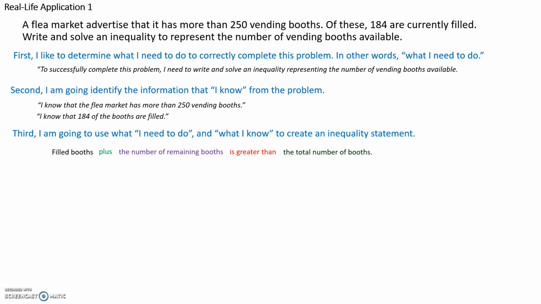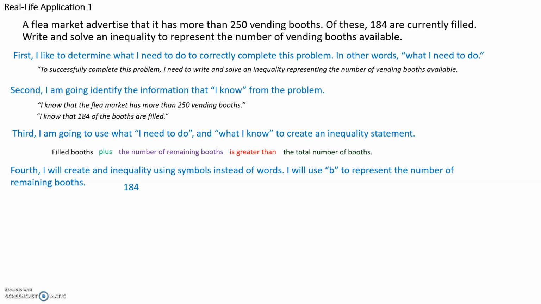I took what I know and created an inequality statement. Now I'm going to replace the phrases with symbols and numbers. For the number of filled booths, I have 184, plus the number of remaining booths. I don't know that, so I'm going to use b to represent it. It is greater than the total number of booths, which is 250. That's my inequality statement: 184 + b > 250.